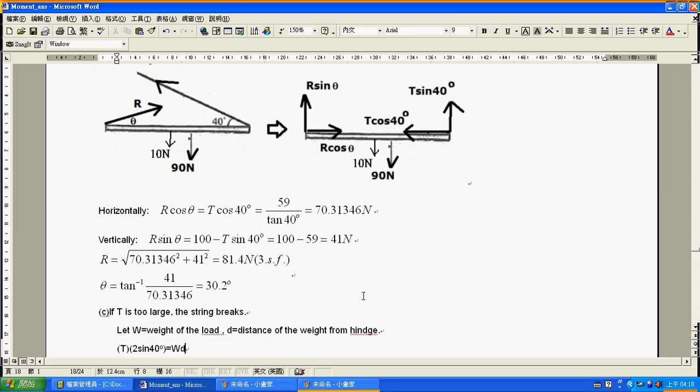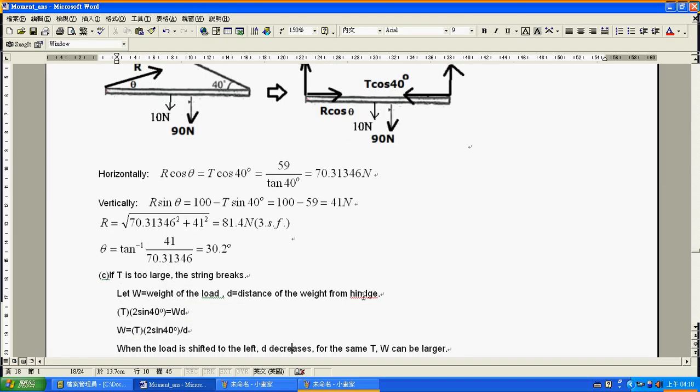So part C, we can use the same argument, but this time we've got to add the moment due to the weight. So that's 10 times what?